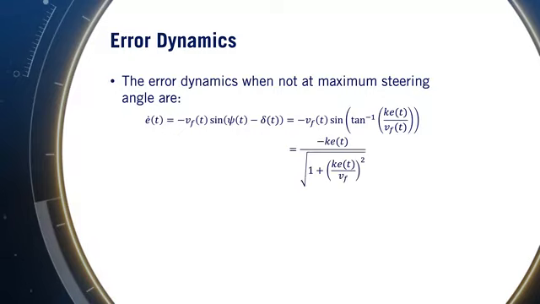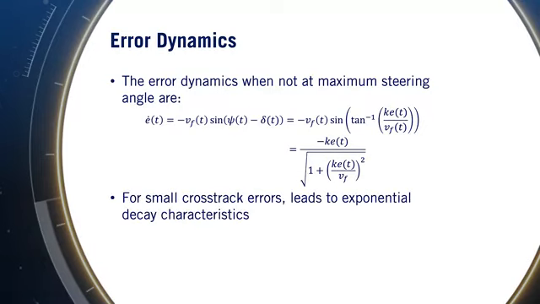Using a trigonometric identity for simplifying the sine of the inverse of tan, we can find that the rate of change of the cross-track error evolves according to minus the gain k times the cross-track error divided by the square root of 1 plus (ke over vf) squared.